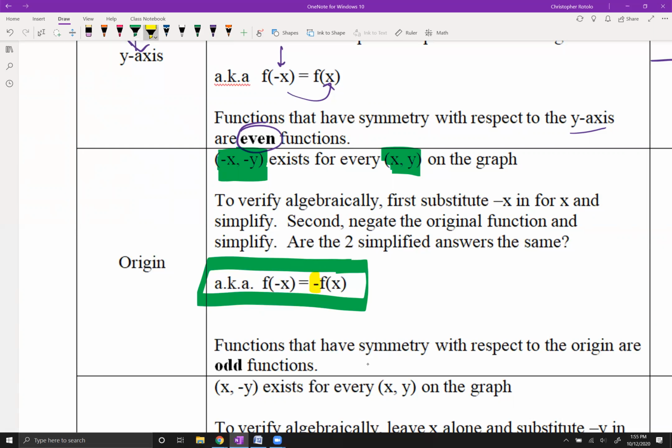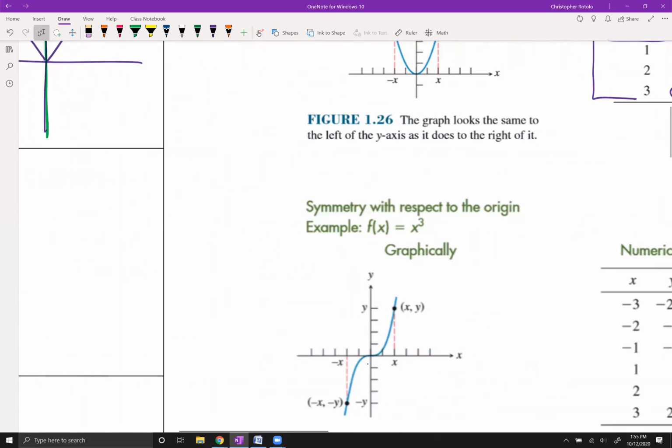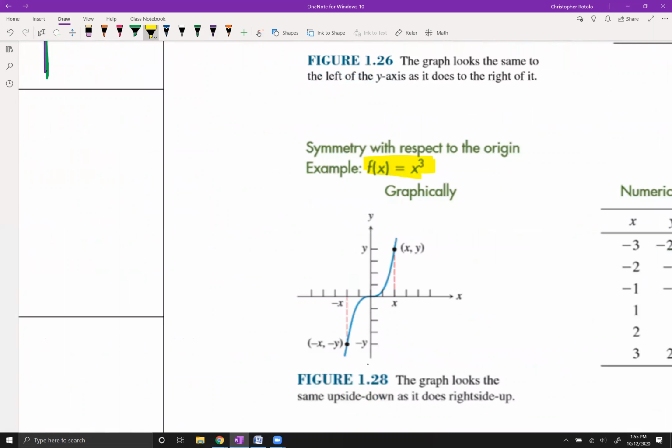Okay, and this is like, what are you even talking about until we start to see it? So once we start plugging it in here, we're going to make more sense of this. Right. And if we have that, they're called odd functions. Okay. So what would that look like? All right. So this is x cubed. Remember, it looks like x squared on the right, but we can get the negatives on the left.